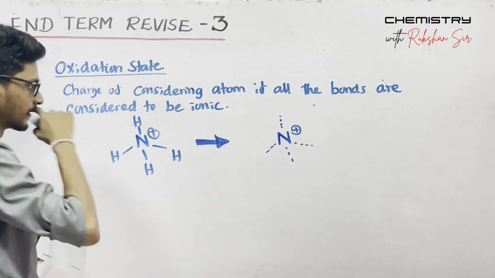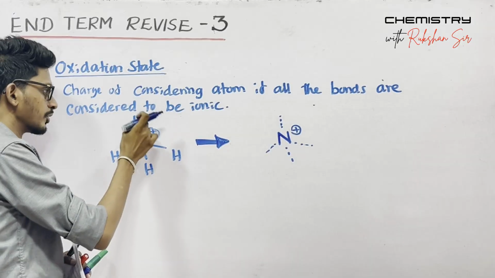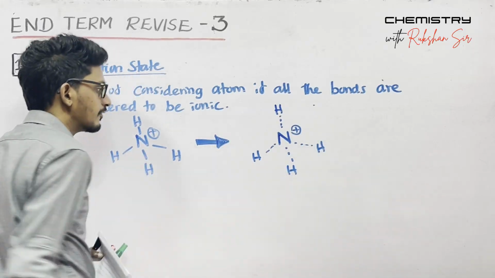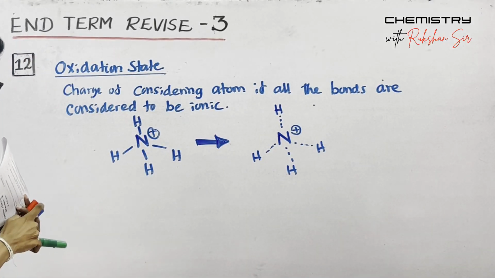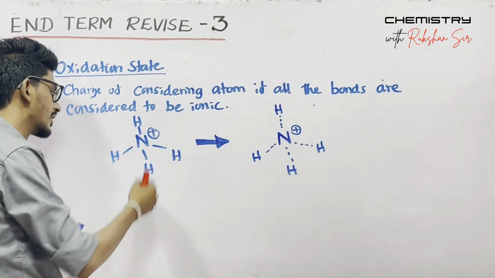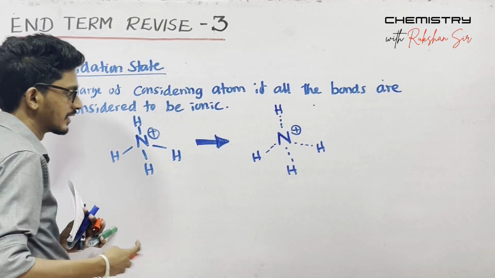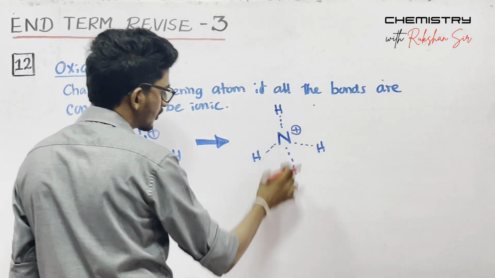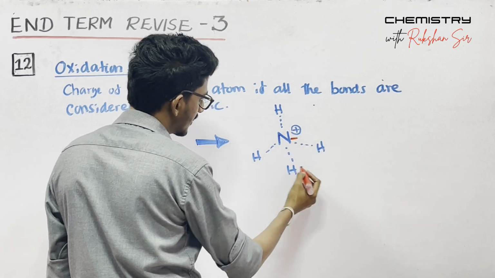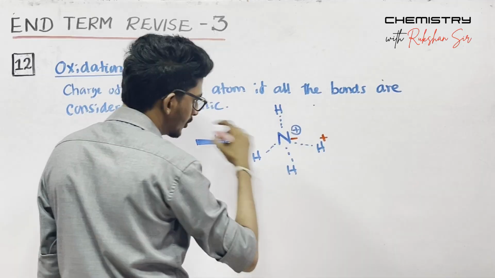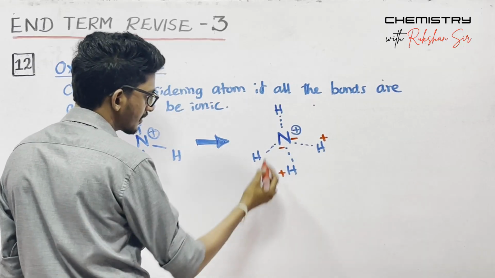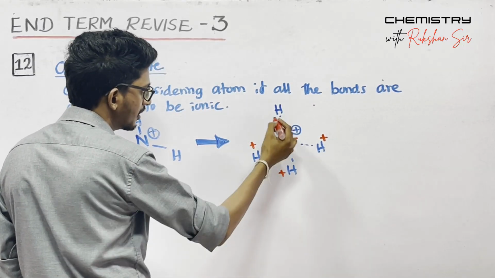If all the bonds are ionic, the electrons are attracted towards the more electronegative atom, which is nitrogen. So nitrogen gets both electrons. Even the hydrogen electron will be gained by nitrogen. So nitrogen gets a negative charge. As hydrogen loses its electron, it gets a positive charge. With all four covalent bonds, this kind of charge separation occurs if all the bonds are considered to be ionic.